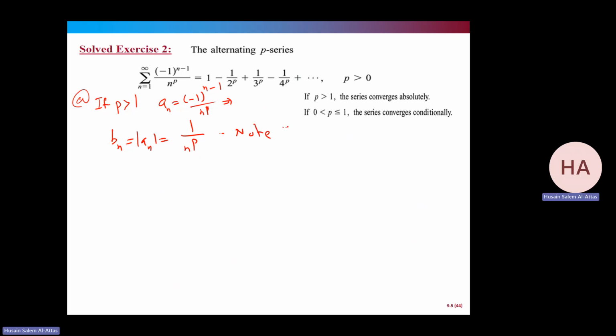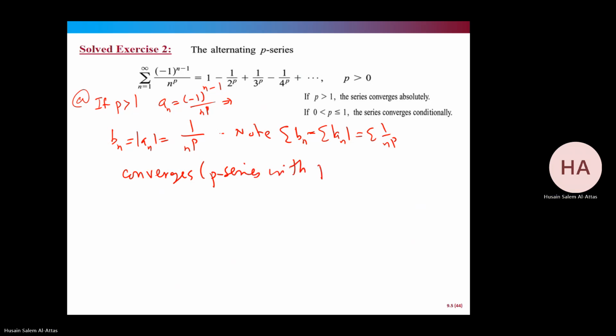Note this series converges, this bn, which is the absolute value of an, converges because it converges as a p series with p greater than 1.